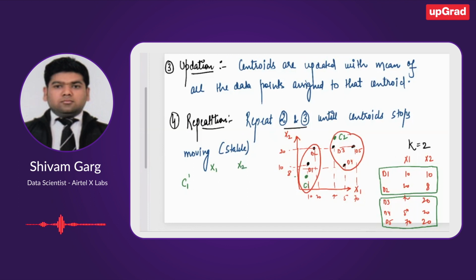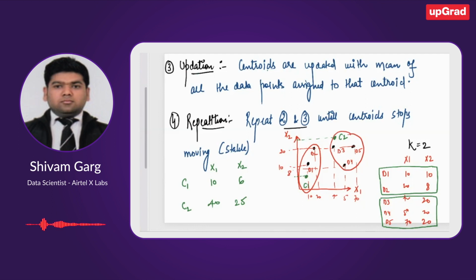Let's say currently it is 6, 10. Similarly, C2 would be 40, let's say 25. Can I say that currently these are the coordinates of C1, C2? Again, I'm just picking dummy values from the graph. Correct? Now I need to update.